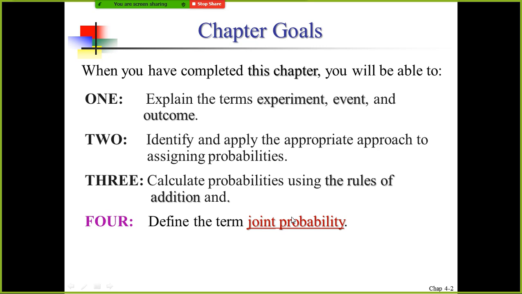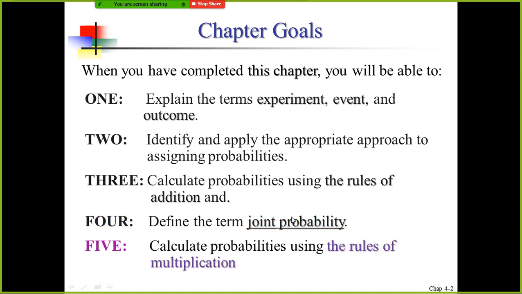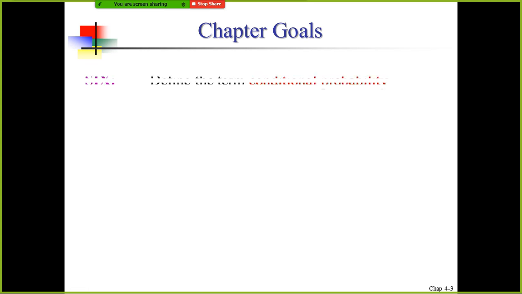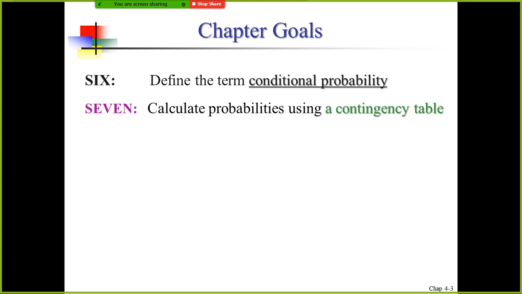Under the rule of addition, you need to know what joint probability means. We can calculate probability by using the rules of multiplication. Under the rule of multiplication, you need to understand the keyword conditional probability. Seven, by using a contingency table, we calculate probabilities.